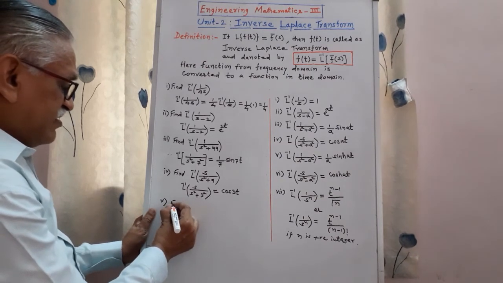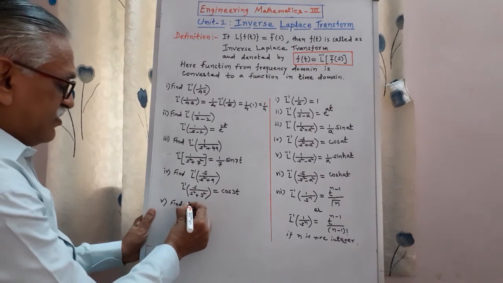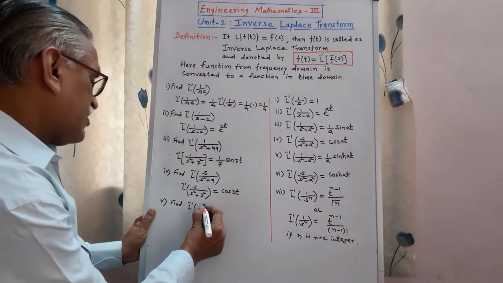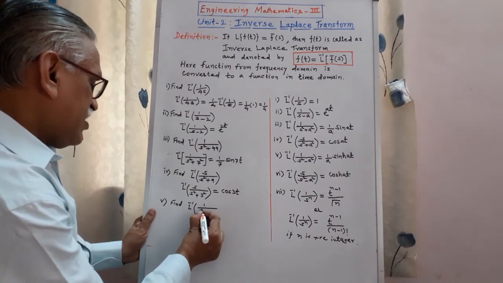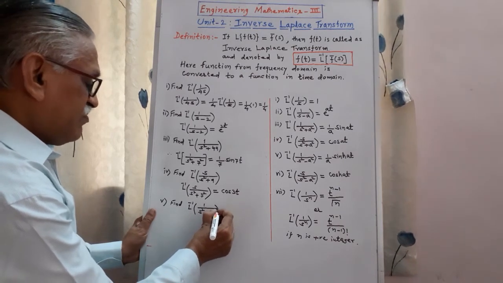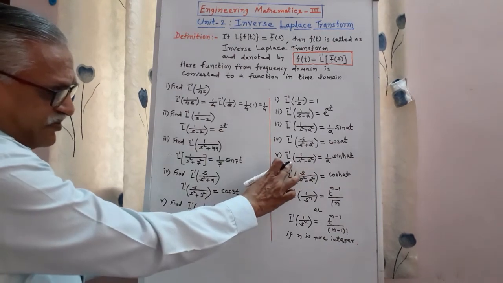Next, find inverse Laplace of 1 upon s square minus 4. 4 means 2 square, and to find the inverse, we take the help of this result.